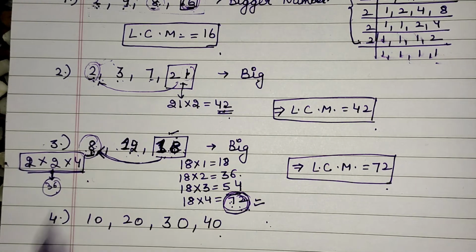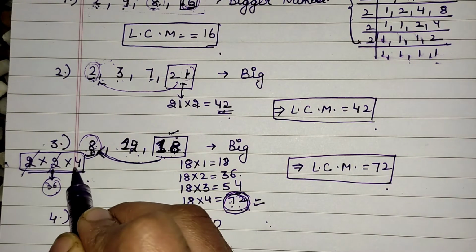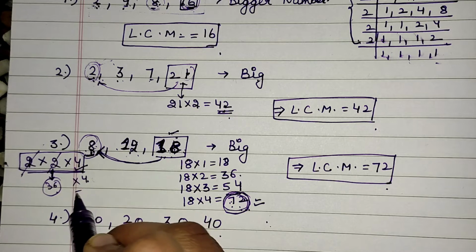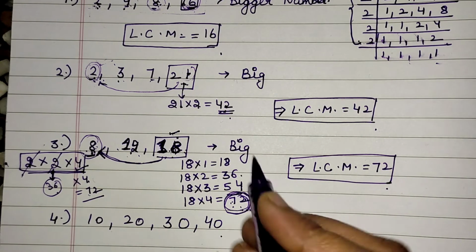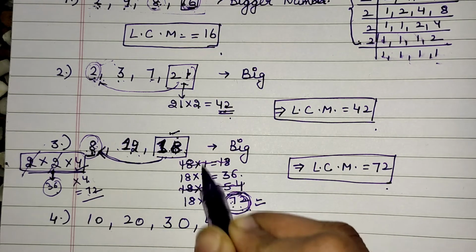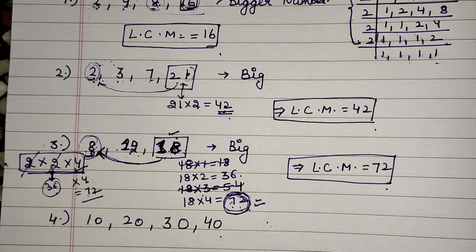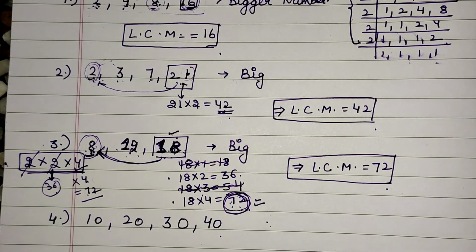So 36 is not divisible by 8, so you can skip multiplying by 2 and directly try multiplying by 4, which will give you 72. By using this, you will be able to eliminate most of the values. So you just need to directly check with 2 and 4.